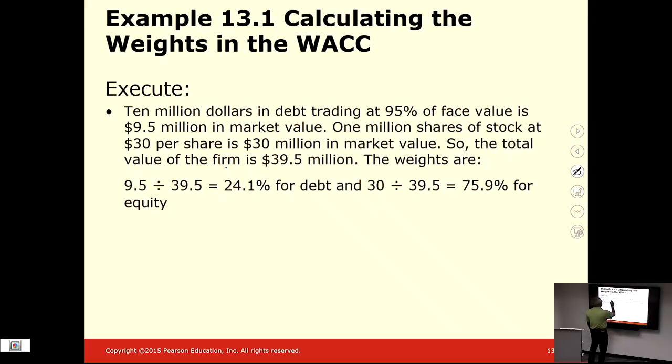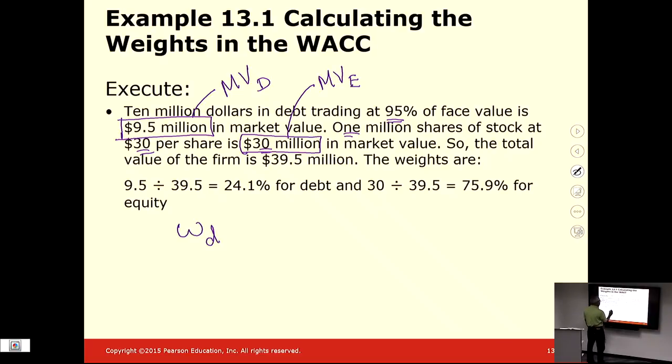So $10 million in debt trading at 95%, that means this is the market value of debt, 9.5 million. 1 million shares trading at $30 per share gives me $30 million. So that's the market value of equity.